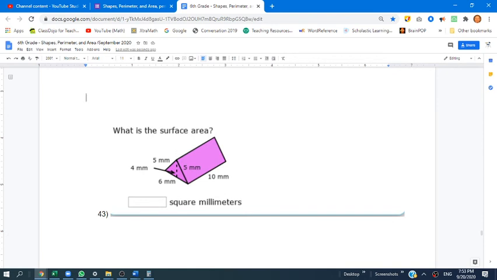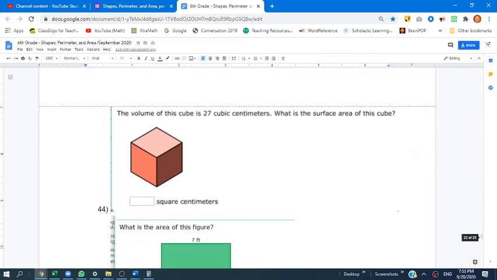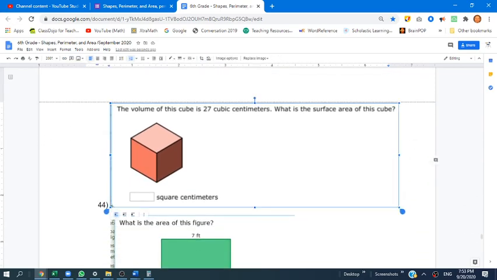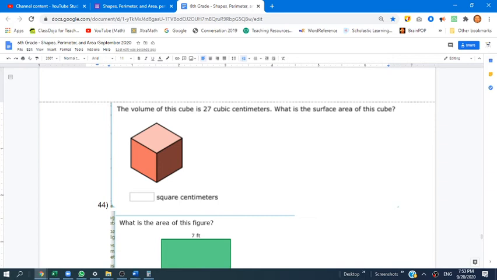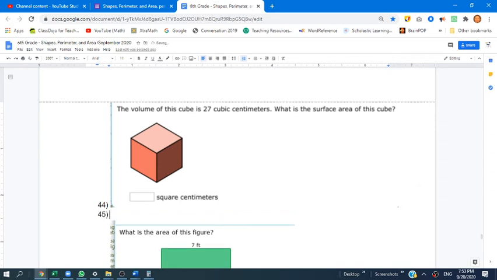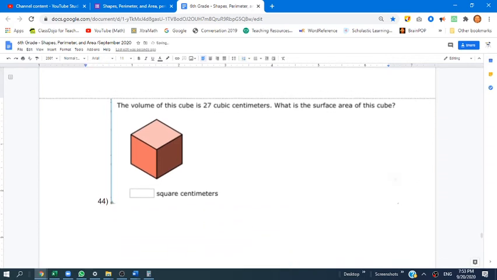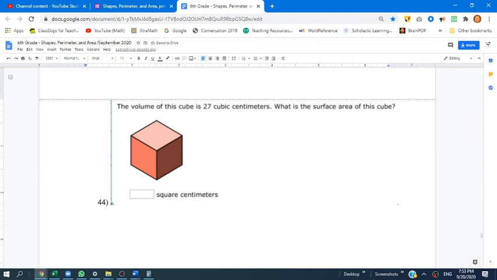What is the surface area? Number 44. The volume of this cube is 27 cubic centimeters. What is the surface area of this cube?